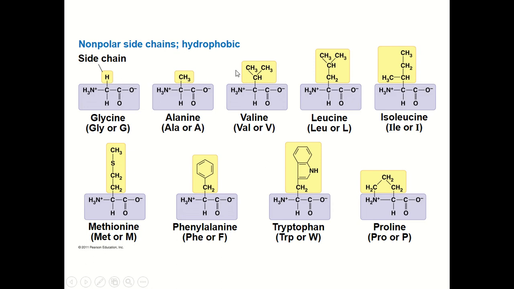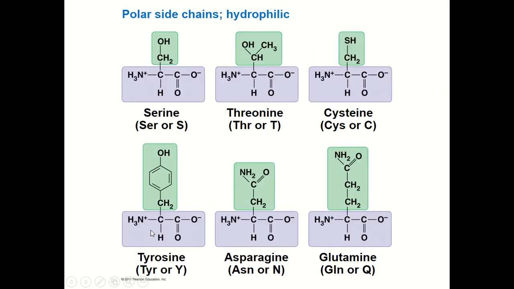As you can see in the orange box here, showing the side chain of each amino acid. So here we have glycine, always notated by G, alanine, valine, leucine, isoleucine, proline, tryptophan, phenylalanine, methionine, and we have another group: serine, threonine, cysteine, glutamine, asparagine, and tyrosine.